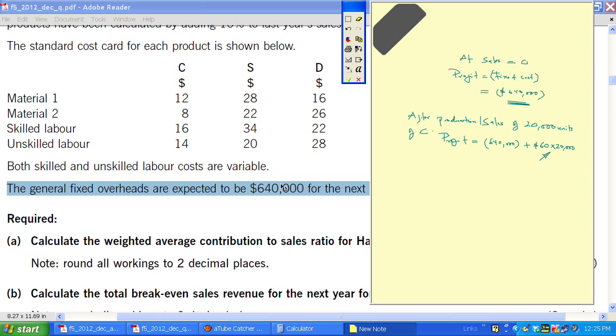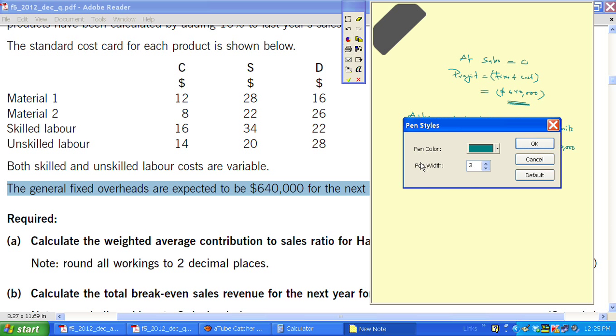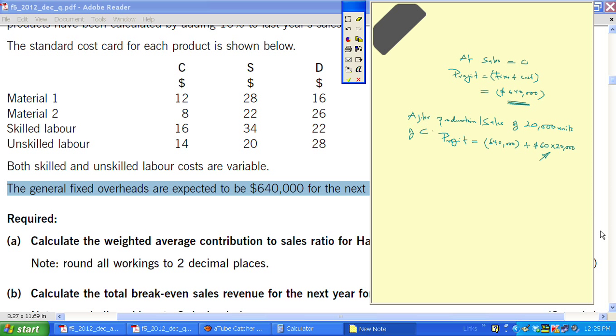Please don't get confused, that figure is simply the total contribution from C.